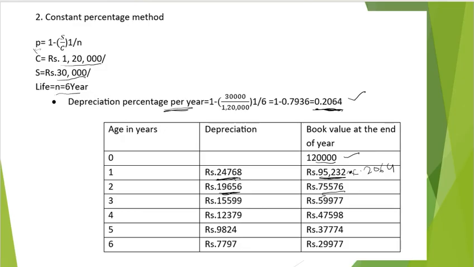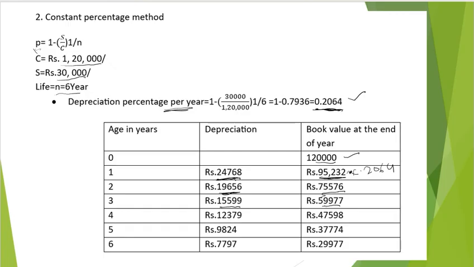So 95,232 minus 19,656 will be 75,576. In the next year, depreciation will be applied on 75,576 multiplied by 0.2064. It gives you 15,599. So 75,576 minus 15,599 will be 59,977. Again, in the next year, 59,977 multiplied by 0.2064 will be 12,379.